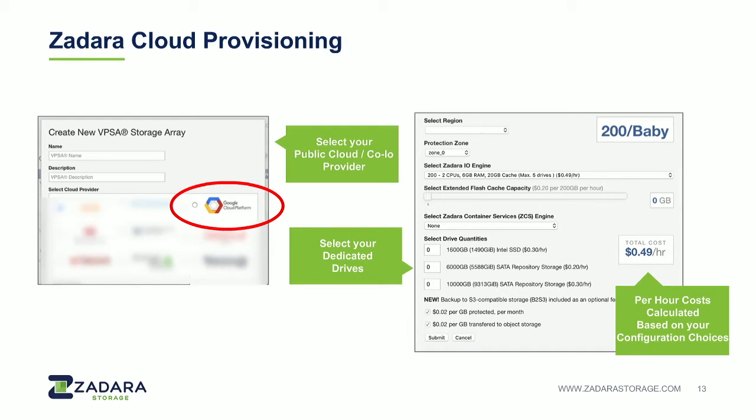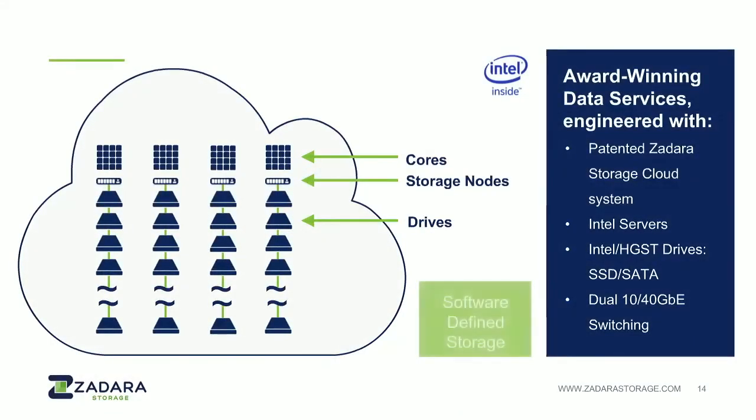Once you hit submit at the bottom of this provisioning screen, what we call a VPSA is created. The way that it's created, and this goes into the appliance that we have placed in advance next to GCP sites, they're made of standard off-the-shelf hardware and our software-defined storage that we developed.